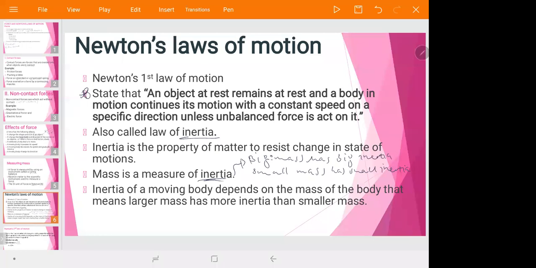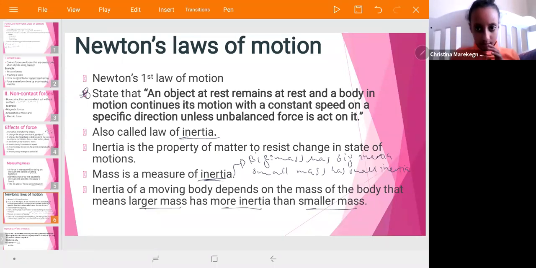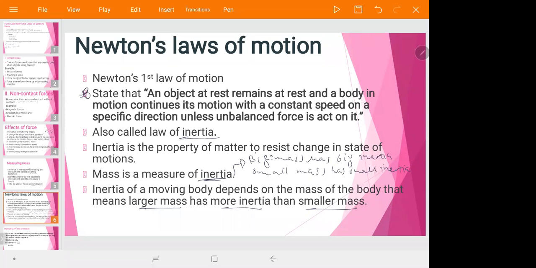That means a larger mass has more inertia and a smaller mass has smaller inertia.